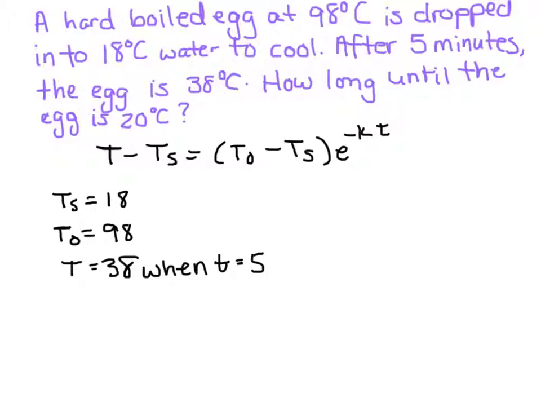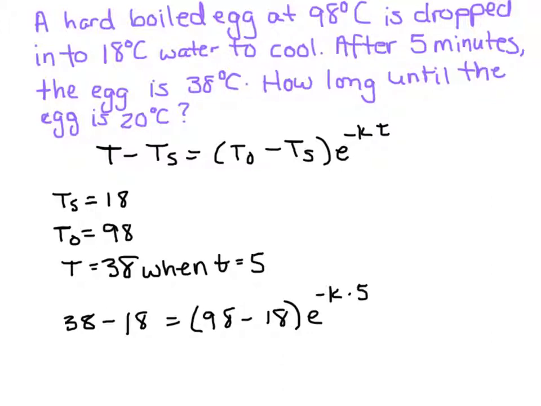All right, so let's just plug all of this information in. What it should leave us with is just k as a variable. So we have 38 minus 18 equals 98 minus 18 times e to the negative k times 5. Let's simplify this.